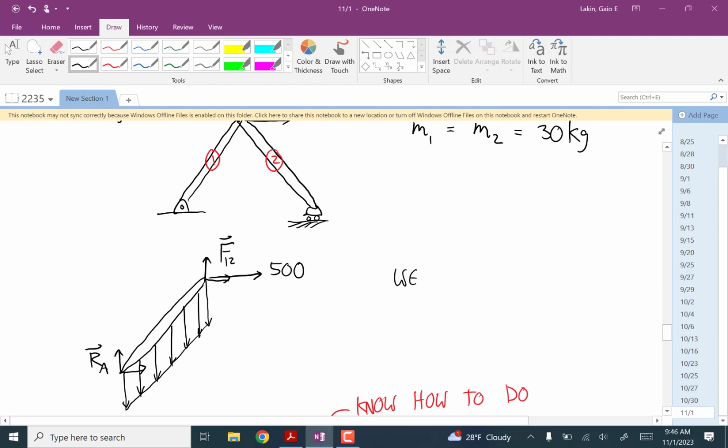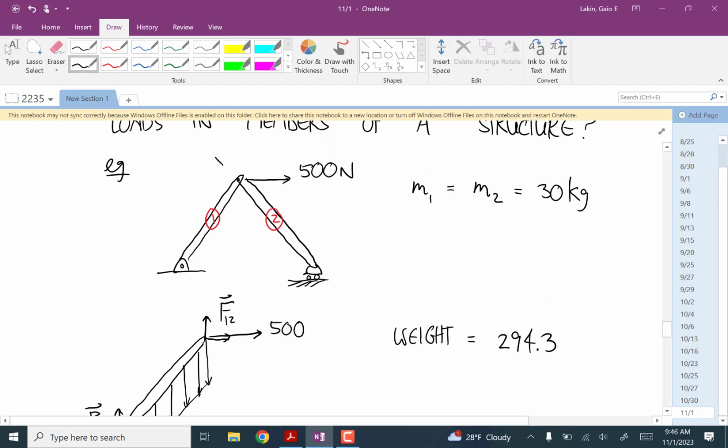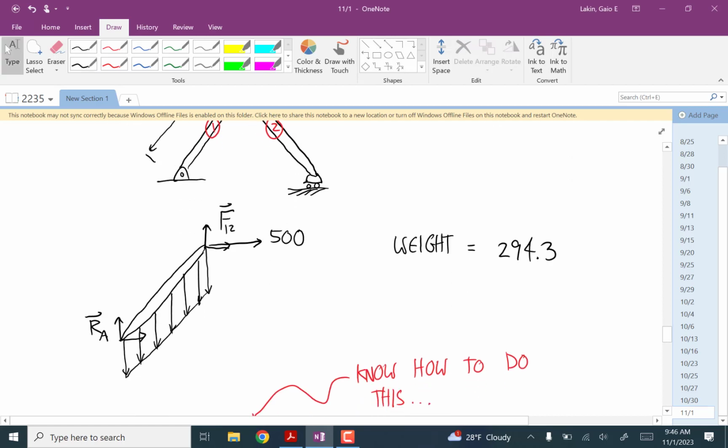So the weight of each is 294.3. I didn't give lengths, but let's say these are 1 meter long. This is in newtons. So that distributed load is a constant function, 294.3 newtons per meter.